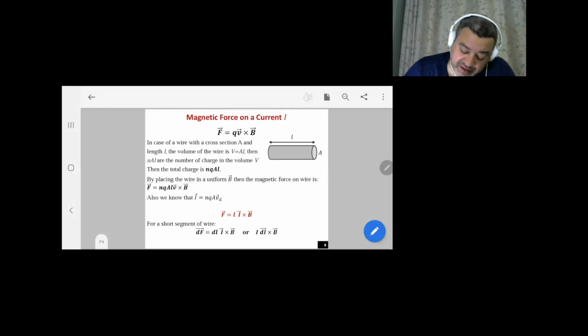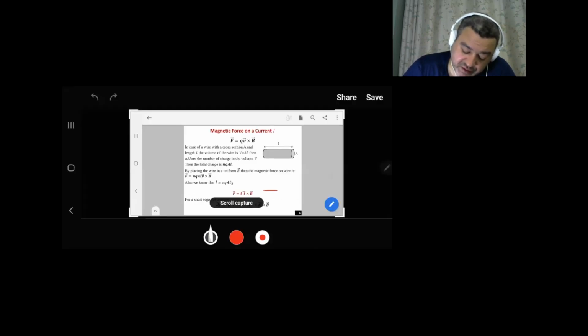However, it's easier for me to use the current as the scalar and use the L as the displacement vector that represents the shape of my wire. So in this case, I will swap the L and I, then F for charges or a current in a wire will be I L vector cross B vector.